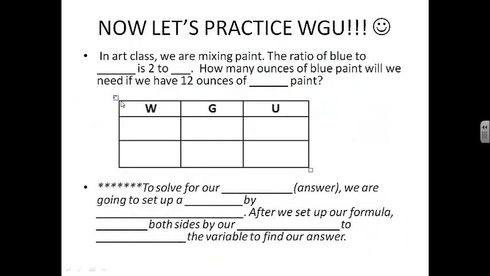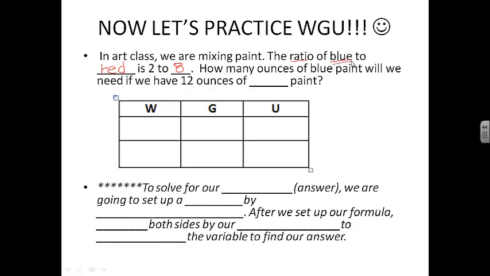All right, we're going to fill in our word problem. Okay, in art class, we are mixing paint. The ratio of blue to red is 2 to 8. Okay, now when we look at this, we're talking about a ratio. It's just comparing two numbers.